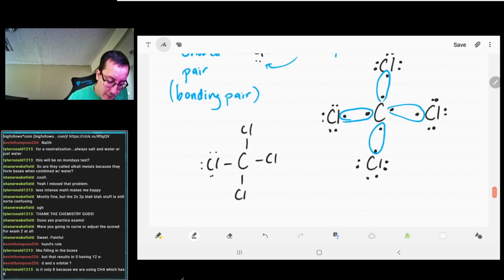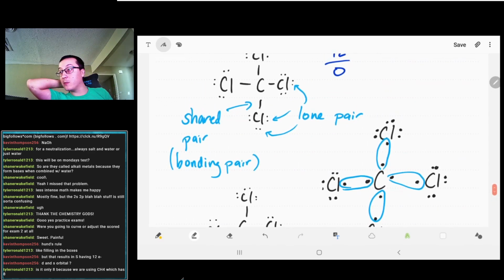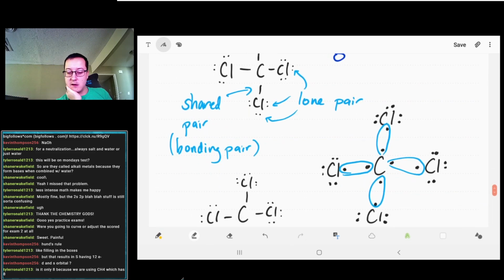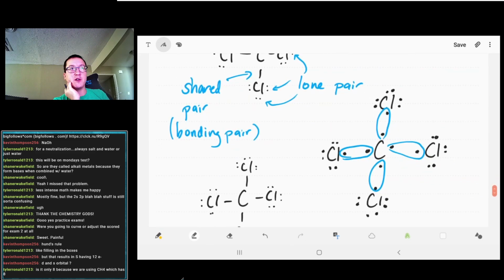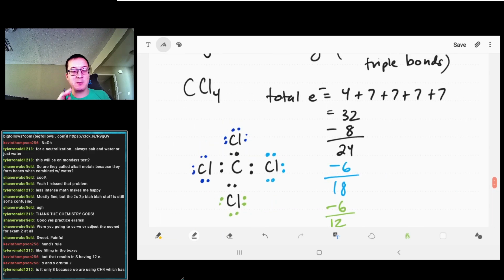Everything that's left over is lone pairs, just like the other method. Okay, so we get the same answer using either method. It'll work. I think it's just easier to pair off your unpaired electrons. It gets you there much faster, in my opinion. But some people like to do this step by step, or maybe they learned it in high school this way to count out the electrons and deal with that.